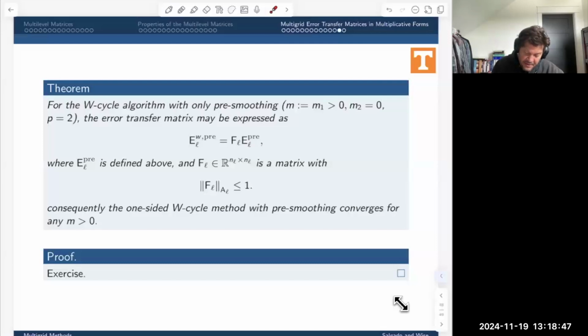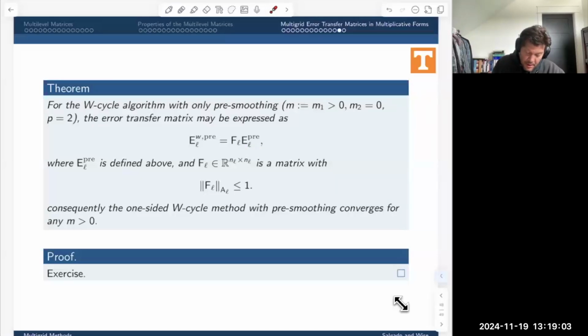Well, it kind of makes sense if we look at this in a high-level setting. We already know that this error transfer matrix should be convergent and contractive.